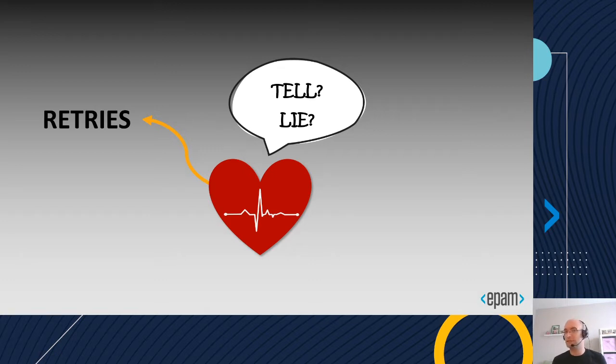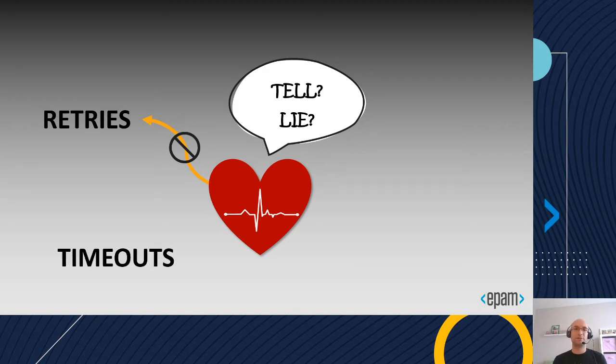Do I need to consider retries when I'm implementing a health check response or not? I say that you should not bother with that at all, because the next retry should happen at the next period, when the controller again tries to ask for the health check of your application. Retries just overcomplicate your implementation, so don't include retries when you are providing this information.